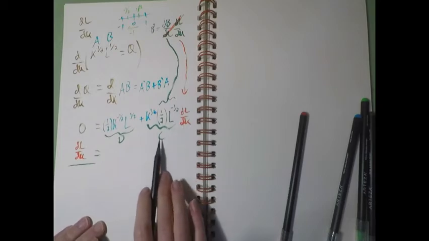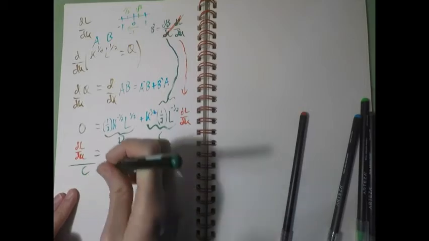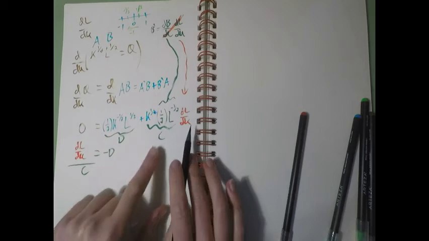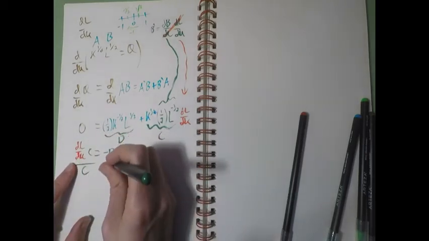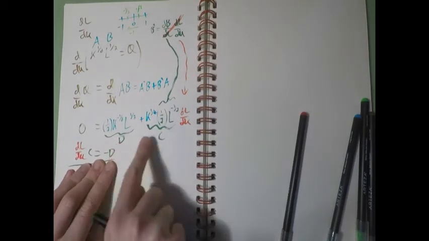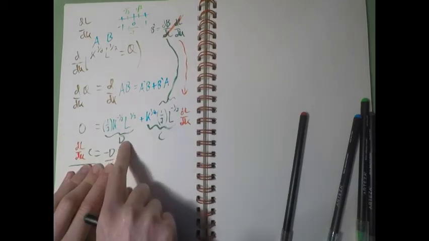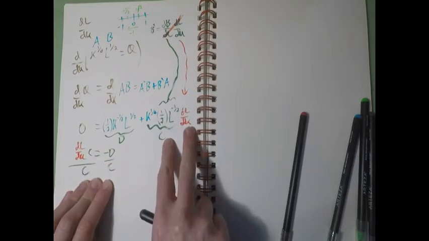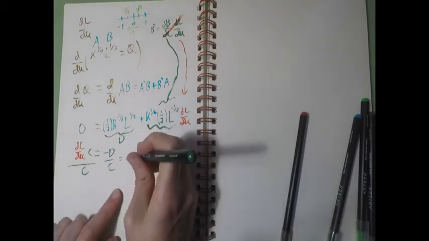So we start with D plus C times dL dk equals 0. We subtract this over. We've got minus D equals C times dL dk. We divide both sides by C, and now we've got dL dk equals negative D over C.